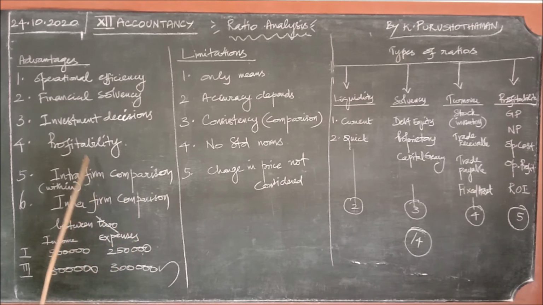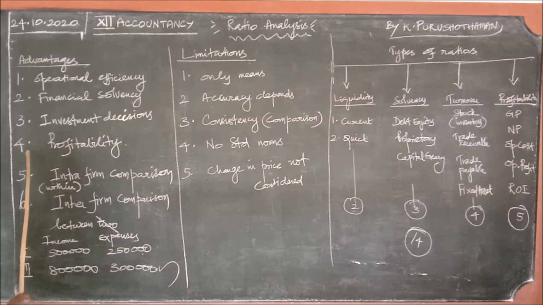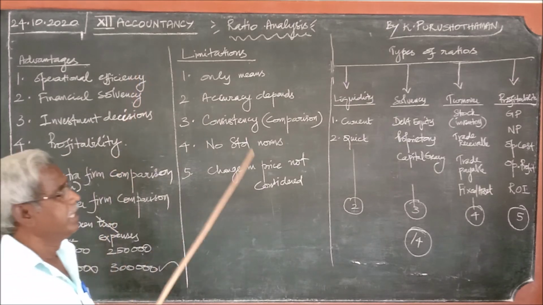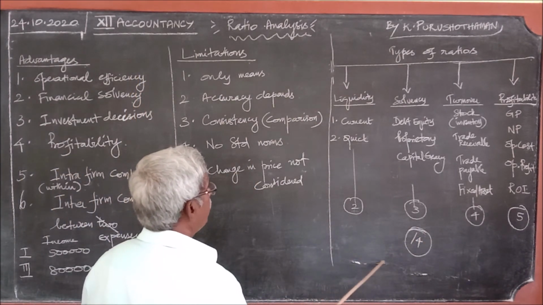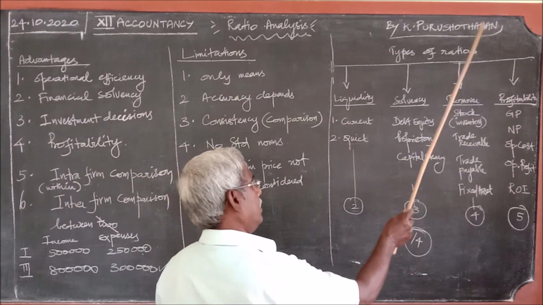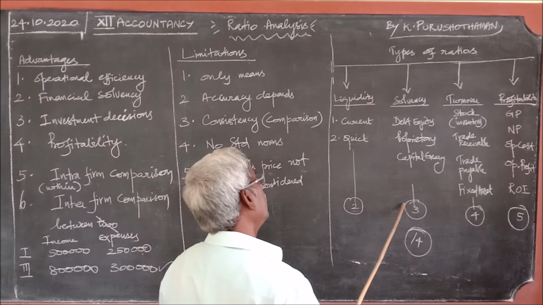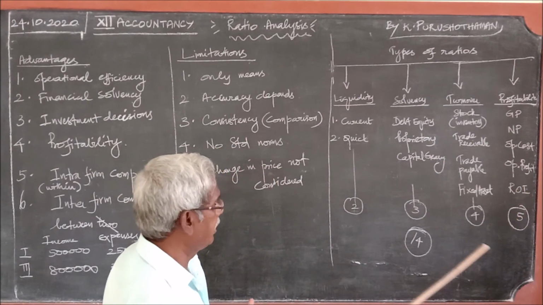So, under the heading advantages there are 6 points. Under the heading limitations there are 5 points. You should remember these two, and they may be asked under theory parts. In addition to that, as I told you, learn all these 14 formulae in each and every category: learn the formula, what the numerator means and what the denominator means.